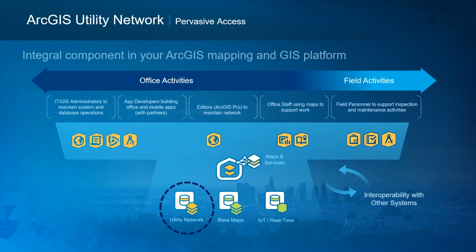And Esri has applications across all of these different areas that are designed to support users in utilizing the utility network. So the utility network really is a foundational piece, just like base maps and other information coming from real-time systems, all combined together to form a complete GIS system. And of course, this is interoperable with all of the other business systems that utilities are used to interacting with and using on a daily basis.